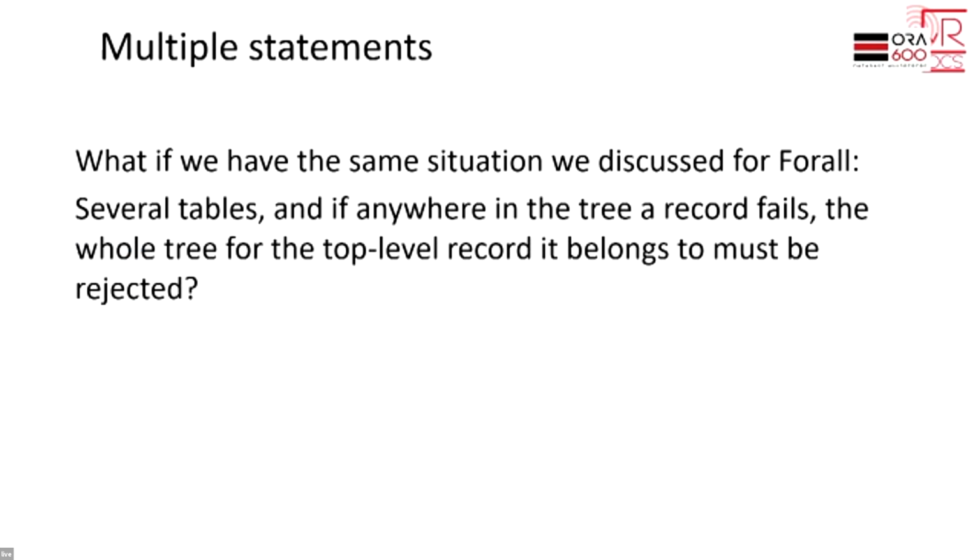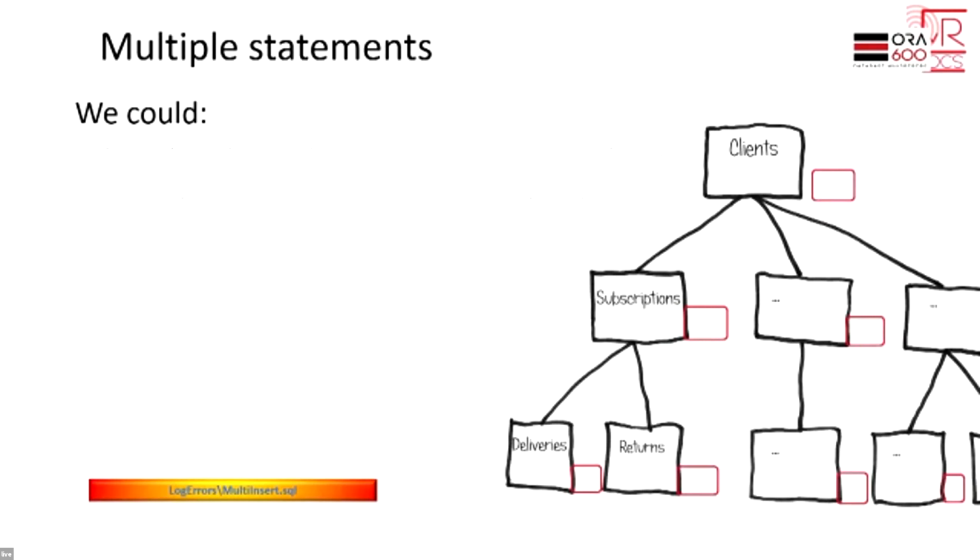Well, if we look again at this multiple DML statement thing that we talked about with save exceptions, in this case, it gets a lot easier. We are inserting clients, subscriptions, deliveries, and returns, and the returns gets an error.